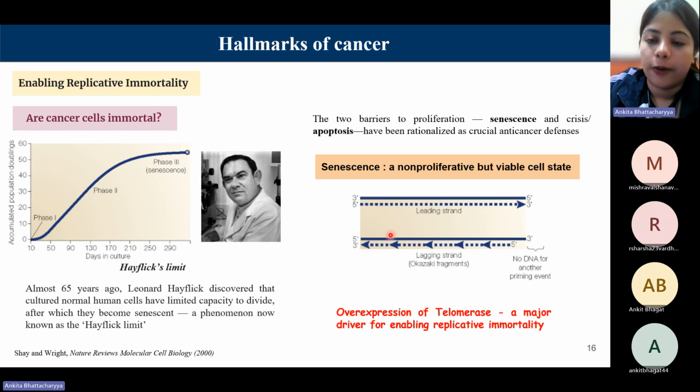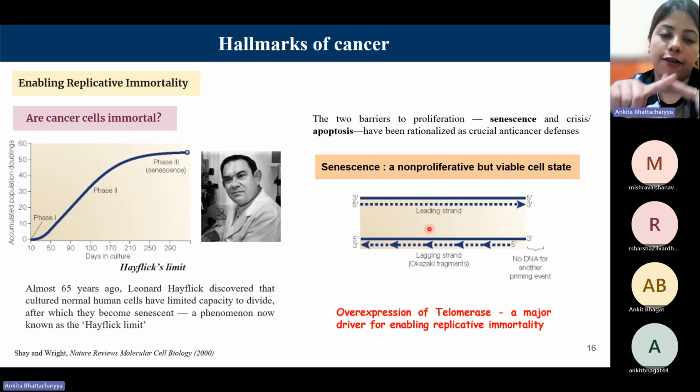What is telomerase now? If you have studied DNA replication in your earlier lectures, the human genome is a linear genome, which means it is a straight genome. Bacteria have circular genomes. Think of it as a closed rubber band. That is how their genome looks.